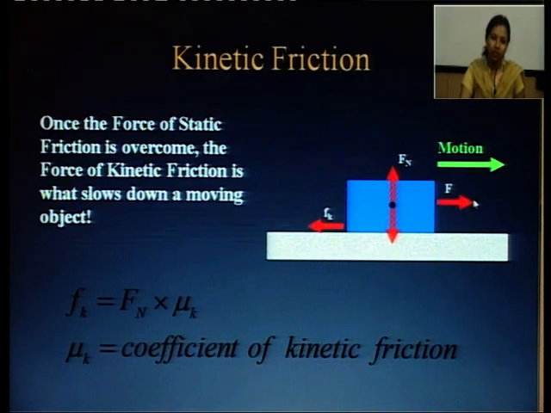If the body starts moving, then instead of static friction there comes Fk, kinetic friction. So Fk is equal to Fn into mu k. Fk is the force of friction when the body is in motion, that is kinetic friction. Fn is the normal reaction which is exerted by the earth on a body and mu k is the coefficient of kinetic friction.